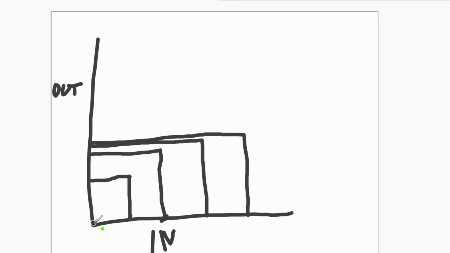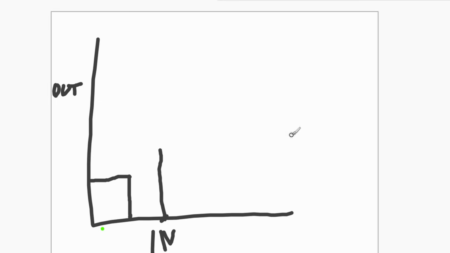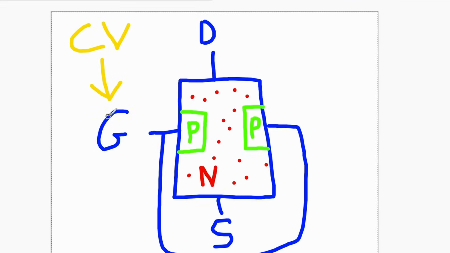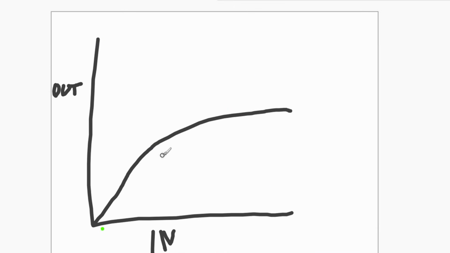So what happens is we get this linear range, but then it chokes off like this. And if we represent that with just a line, it's something like this. And that's assuming that here the gate is at 0 volts. We get this kind of curve.